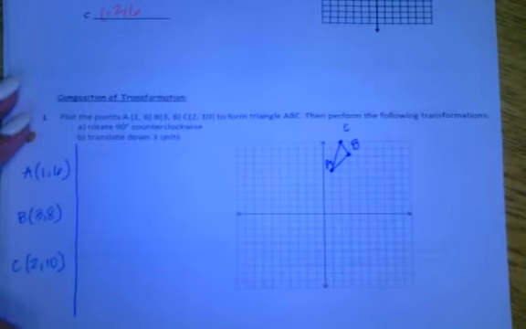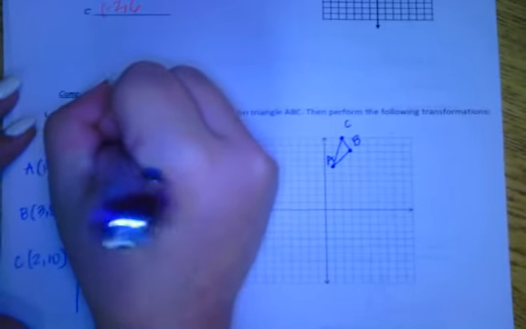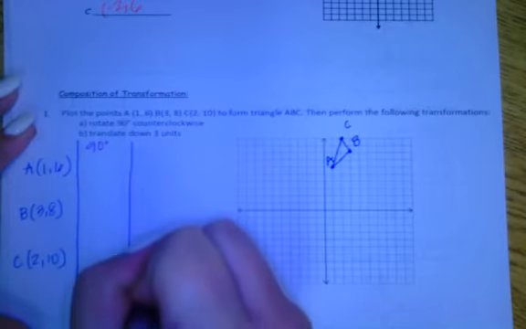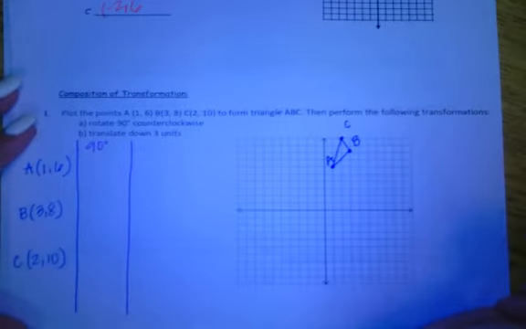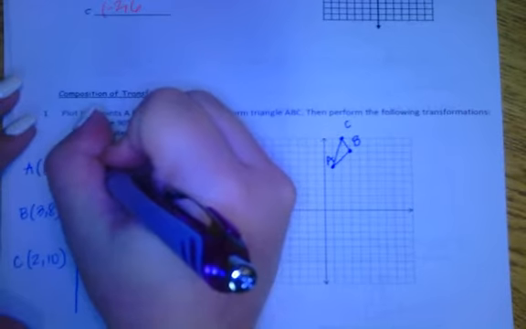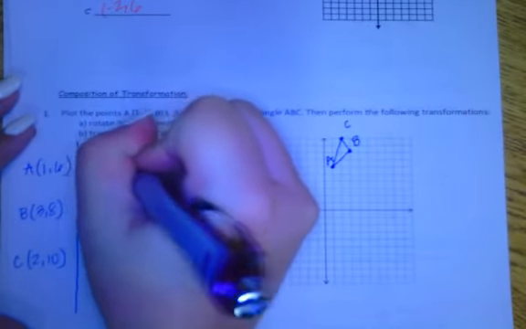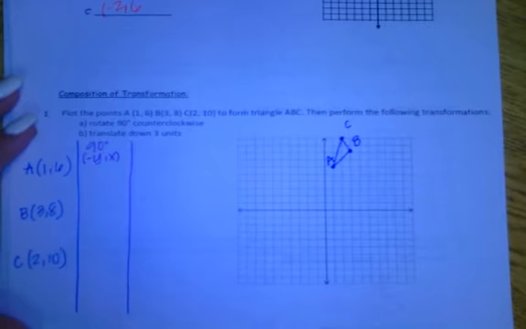I'm going to make a little chart. The first one is 90 degrees. What rule goes with 90 degrees? Counterclockwise. Opposite y, x. Then I'm translating down 3 units.